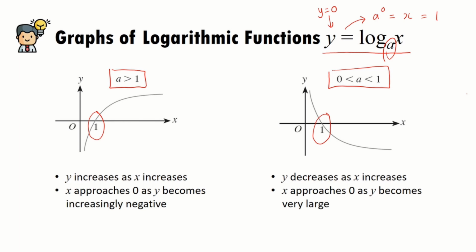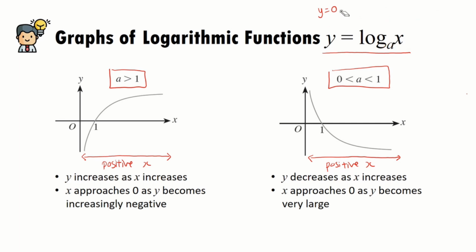The next thing I want to bring to your attention is that both graphs appear on the positive x-axis portion. That means the graph doesn't go into the negative x-axis part. So, positive x only. The reason for this is that in our logarithmic equation, a logarithm can only be defined when the value of x has to be more than 0.